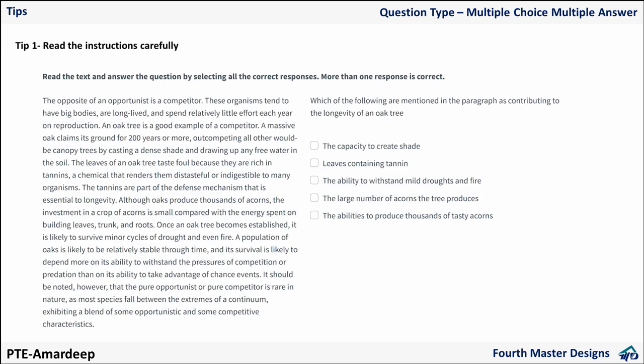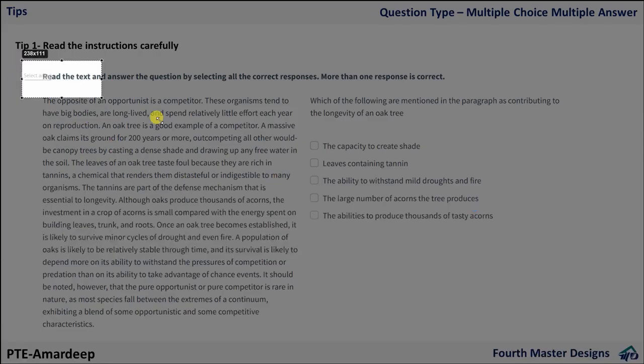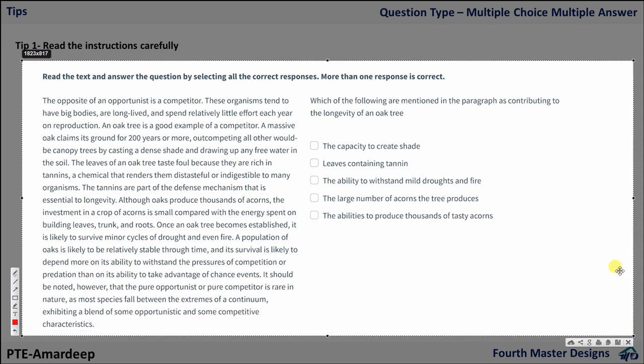Okay, now let's jump on to our tips and tricks part. So the very first tip is to read the instructions carefully. Why have I added it? Because even I have made this mistake many times. Sometimes they change the wording. Which of the following are mentioned in the paragraph? Fine, are mentioned. Sometimes they say, which of the following are not mentioned in the paragraph?